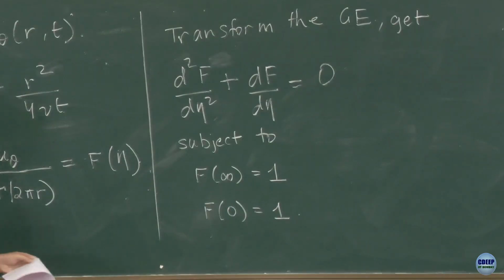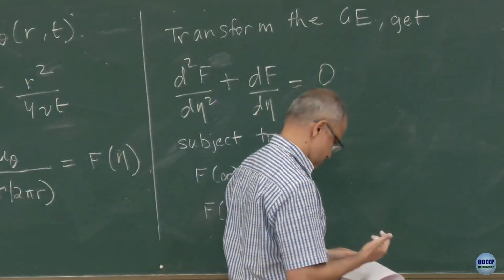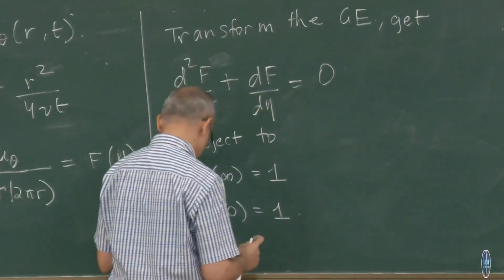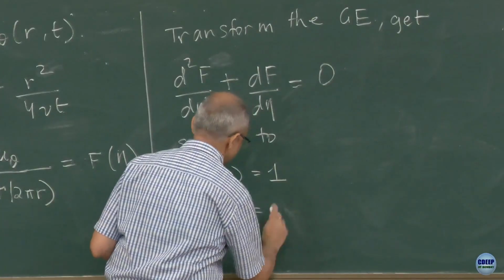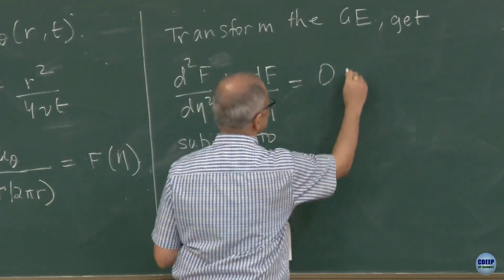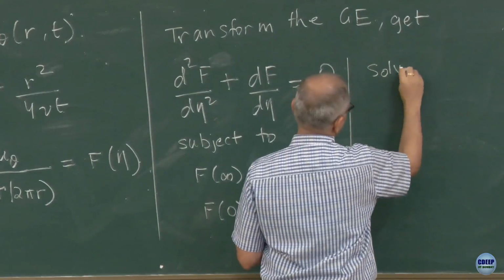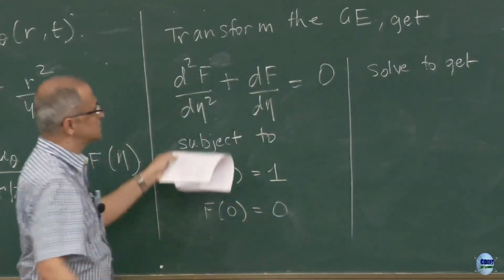Now with this, if you were to solve it, in fact f0 should be 0. So solve to get, now this is a very simple looking equation, right?